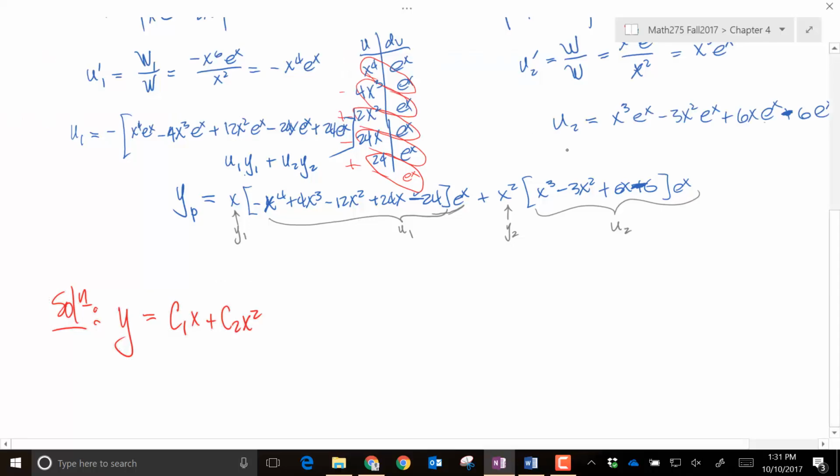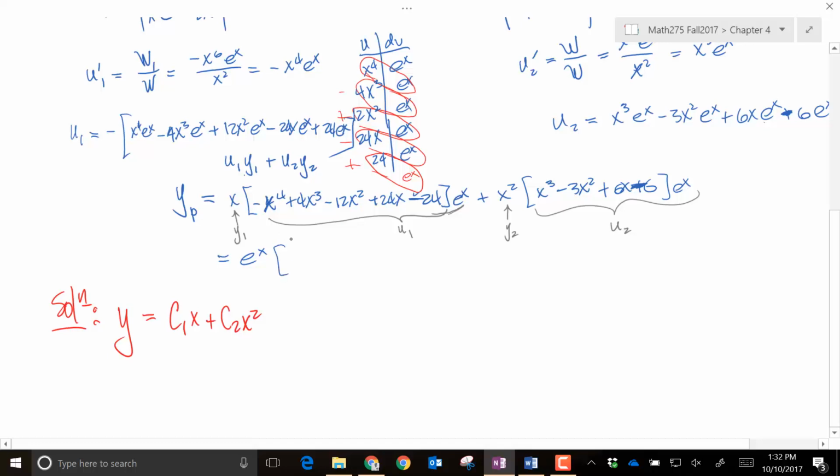E to the x can factor out of this whole thing. And then we're going to have matching powers, I think. We got negative x to the 5th, positive x to the 5th. Factor out the x. Oh, yeah, I was going to distribute it and see if I can work it out, because I think we can simplify this into one big polynomial.